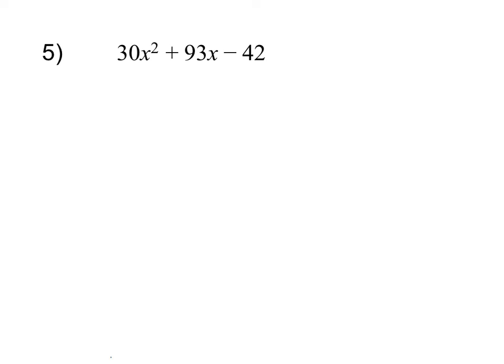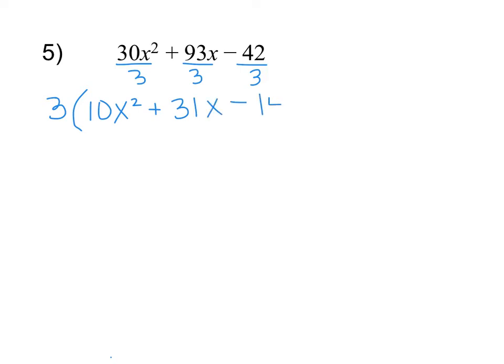And I can actually divide each of these by 3, which means that that would be our greatest common factor. So I'm going to rewrite this. If I pull a 3 out, we would be left with 10x squared plus 31x minus 14.